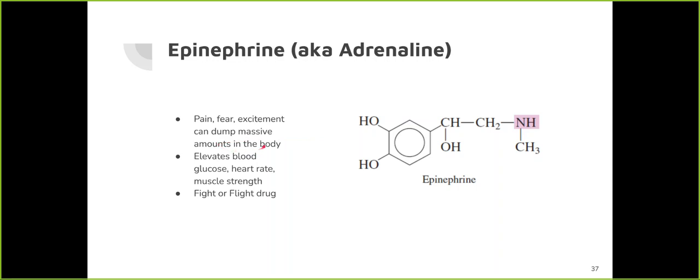This elevated heart rate and higher sugar in your body, though, also can cause you to lose your finer motor functions. So have you guys seen horror movies or thriller movies where the person's panicking and they're trying to put their keys in the ignition or something and they can't do it?